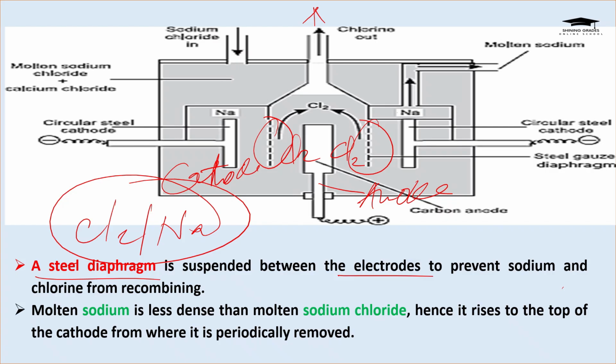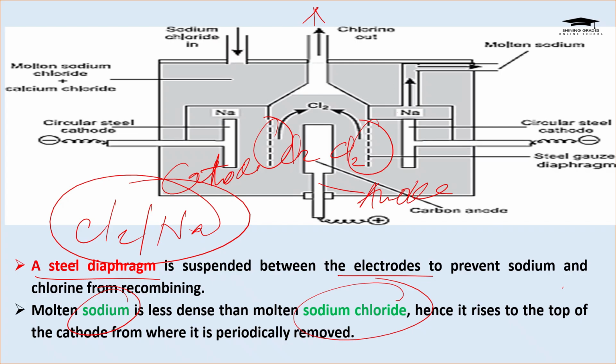Moving forward, molten sodium is less dense than molten sodium chloride. So we already have formed sodium, and remember the sodium is coming from the sodium chloride. How do we get to collect our sodium?